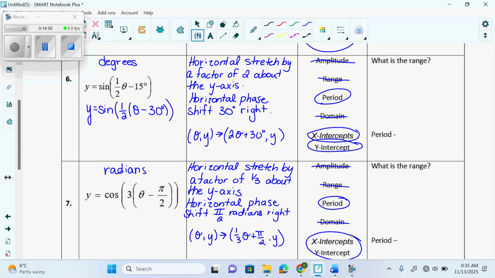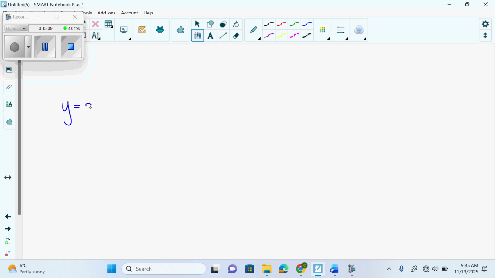let's talk about range of your basic functions. So, you have a midline. Midline is actually the d value of the equation. The midline is the line that cuts the graph in half vertically. On your basic sine graph, when we have y equals sine theta or sine x, let's say, your d value is 0.